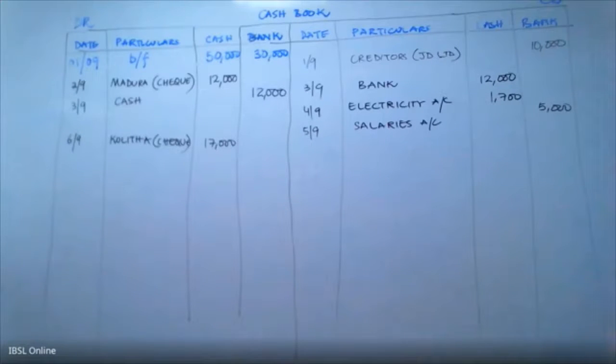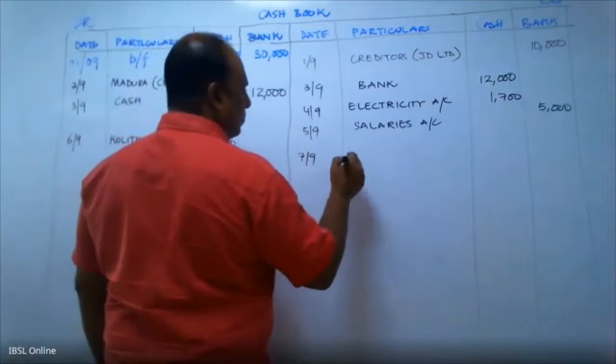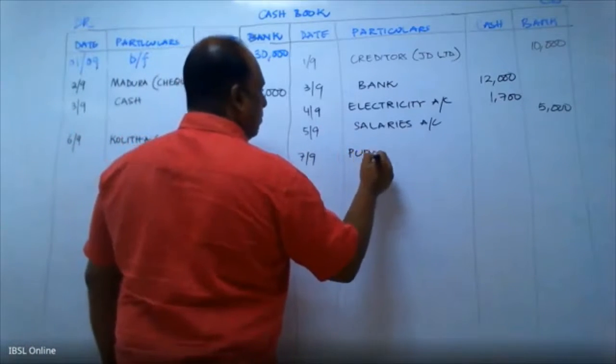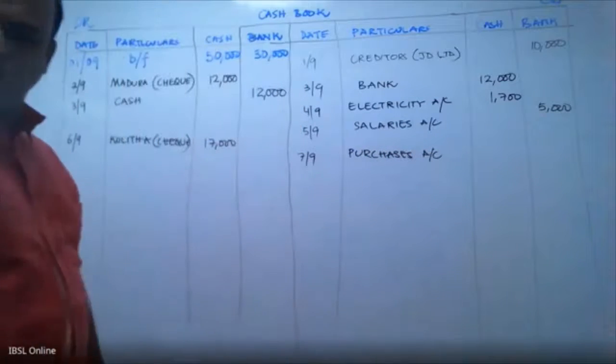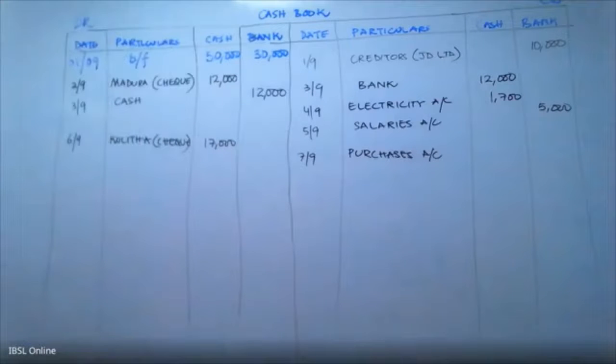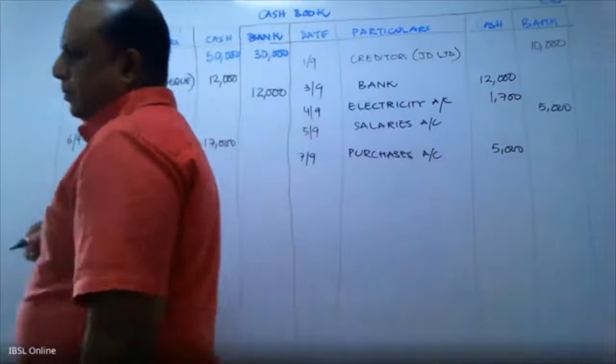On the 7th, you have purchased goods for rupees 5,000 from Milod. That is a cash transaction. So on 7th September, purchases, the cash purchase.